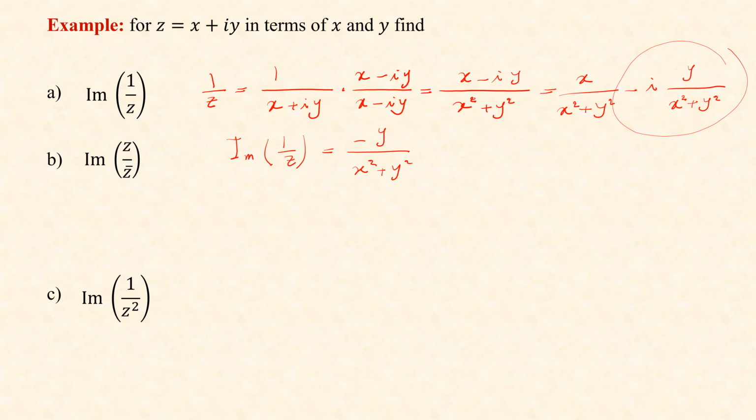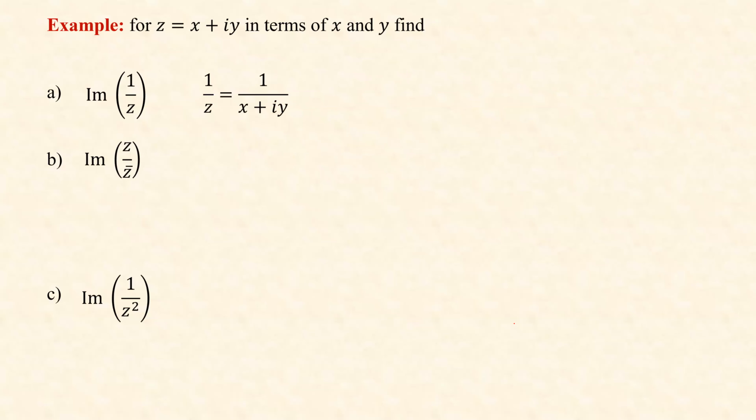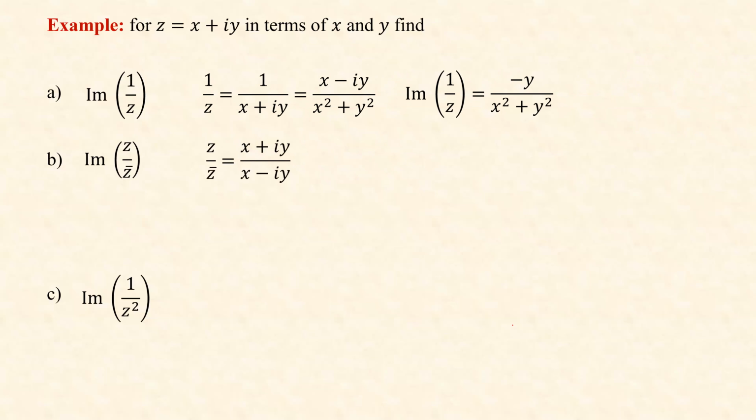Things like that. You can verify the other ones by yourself. And here, I think I have it like that. Imaginary part of that becomes negative y divided by x squared plus y squared. If you do z over z bar, you get that, and then you multiply both numerator and denominator by x plus iy.